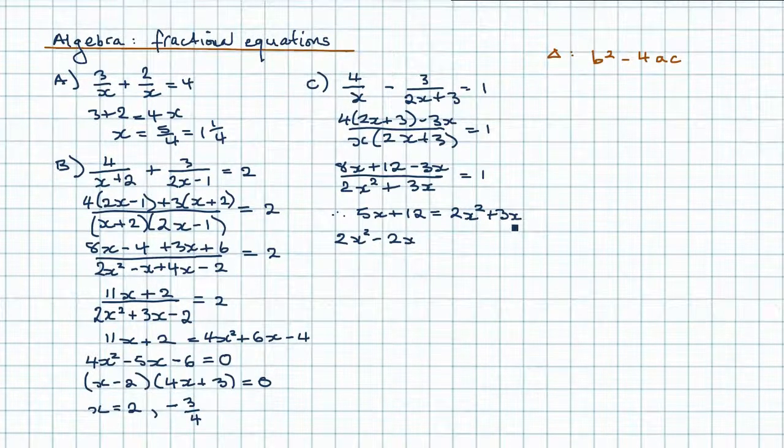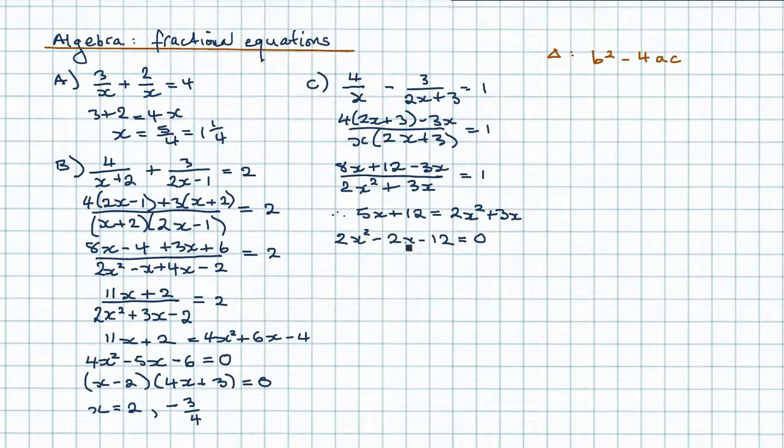And bringing my 12 over, subtracting 12 from both sides gives me negative 12. And we put it all equal to 0. The only thing that makes it a little more complicated than the last one is that I'm going to introduce a step here that we didn't have to do before. So here we've got 2x squared minus 2x minus 12 equals 0.